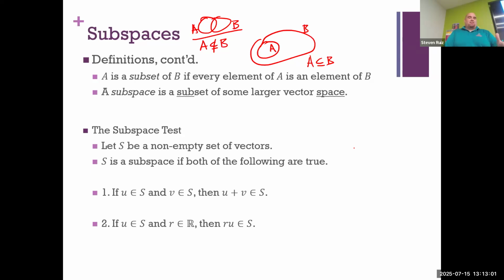So basically, if you have two vectors in a vector space and you add them together, that result also has to be inside that set. So this is called closure, and specifically closure under addition. So this one is called closure under multiplication.